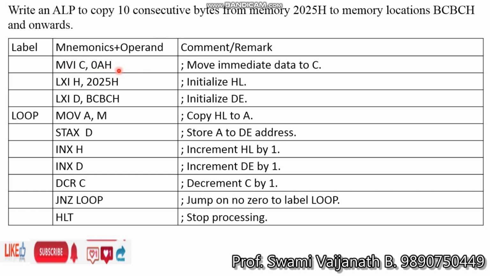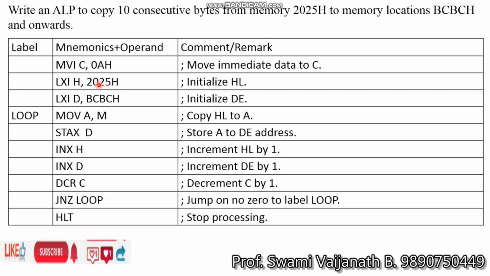Why? Because the program mentions 10 consecutive bytes, so in C the count 0AH is initialized.